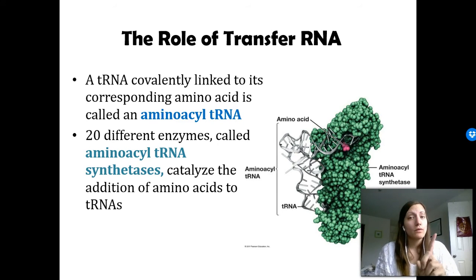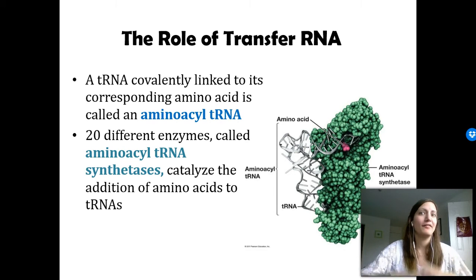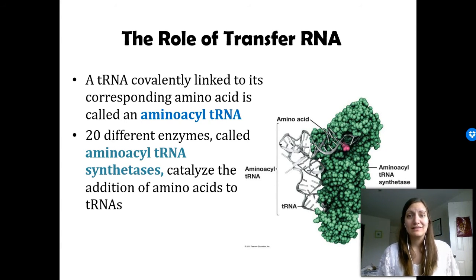Now tRNA can only hold one amino acid, and it's actually very unique. So one type of tRNA, the one that has that anticodon of AAA, is always going to hold the same exact amino acid. So the role of these enzymes is to put those amino acids onto tRNA. Hopefully you remember there's 20 different amino acids, so it should be no surprise that we have 20 different amino acyl tRNA synthases.